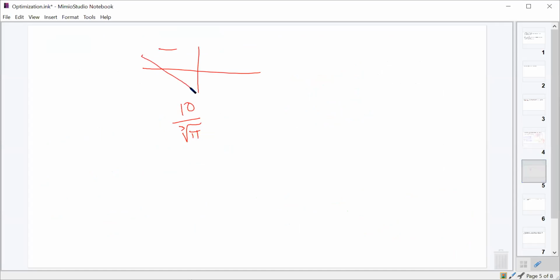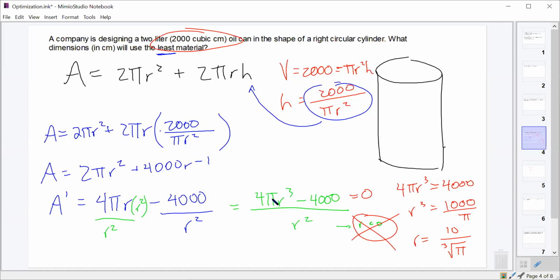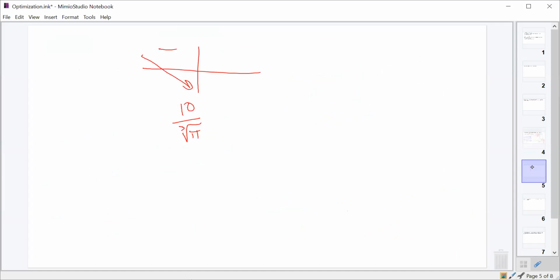So negative here. And then if we plug in something more than 10 over the cube root of pi, for example 10, that'll be 4,000 pi minus 4,000, which is positive over a positive, so it gives us a positive. So we end up with a minimum when r equals 10 over the cube root of pi centimeters.